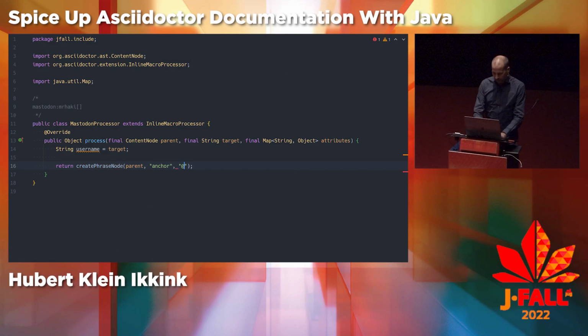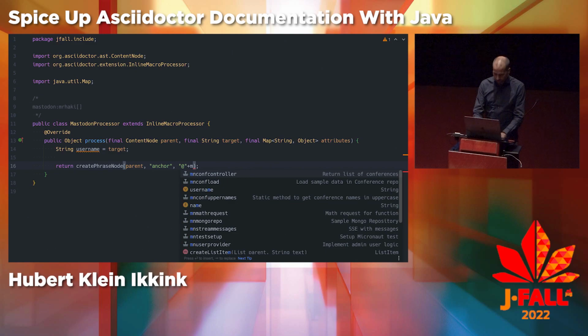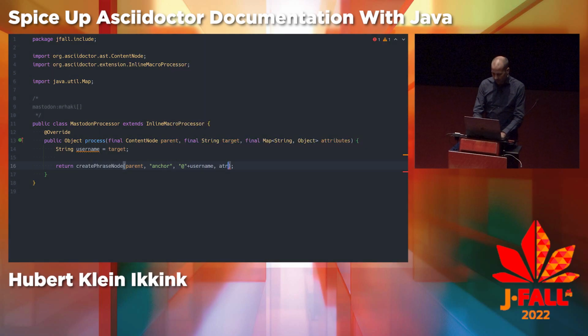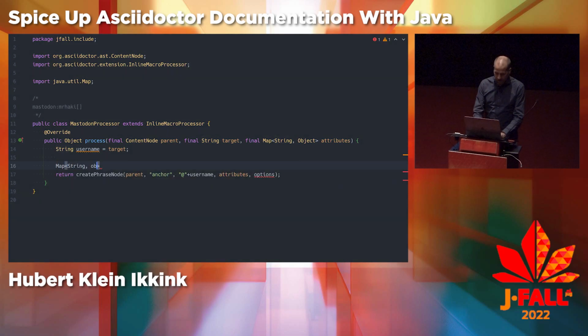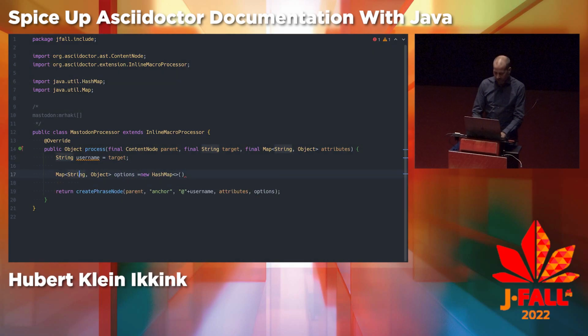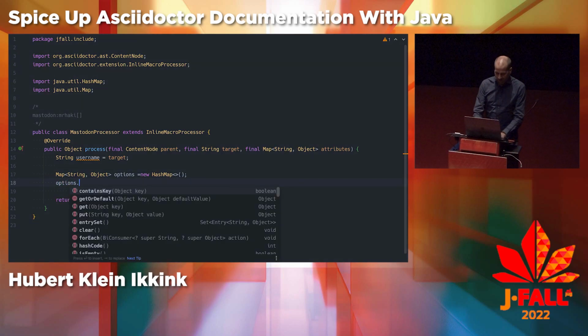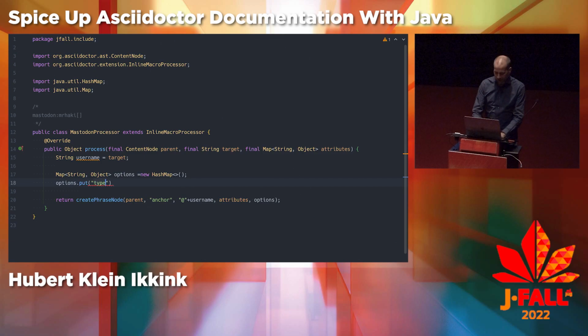And I want to have here the link. So let's say, I'll provide attributes. And also have to provide actually an options map, and that should be a list of options that actually make sense in the case of an anchor. So one of the things we need to provide is a type, and it's actually a link.